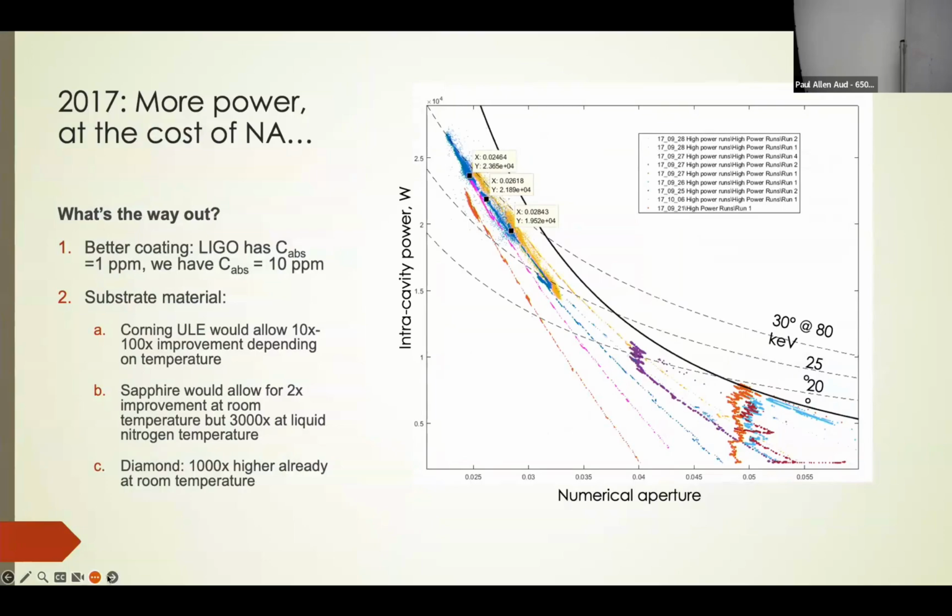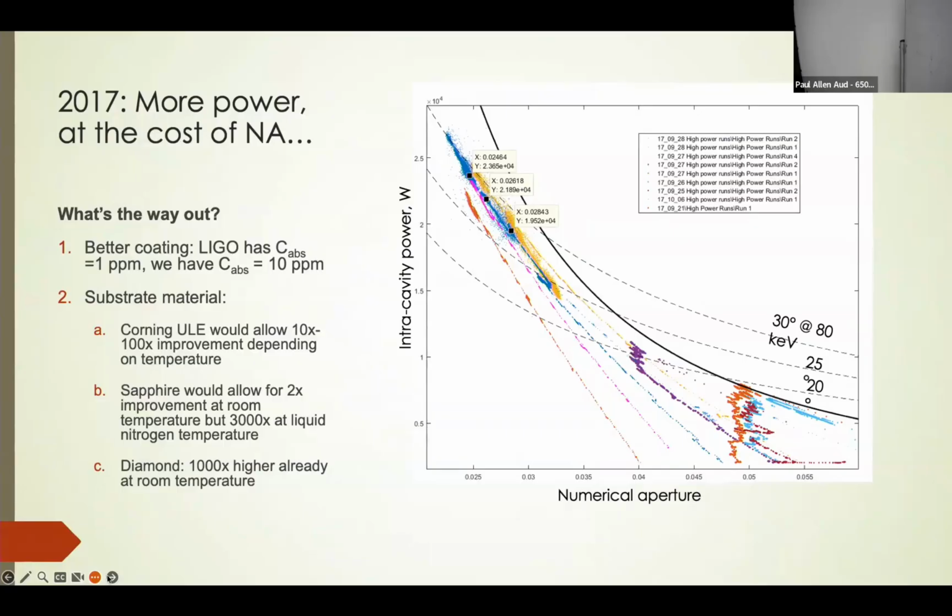So the less you focus the laser beam in your cavity, in principle, that makes the intensity on the mirror higher, and so you could imagine that the heating problem gets worse. On the other hand, the less concentric cavity is much less sensitive to mirror deformation. And so the net effect is you can increase the power if you're willing to accept a lower NA.